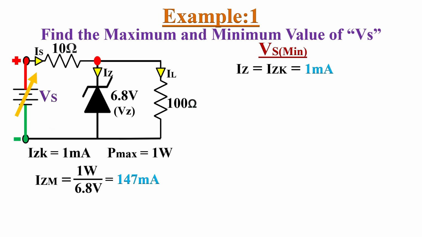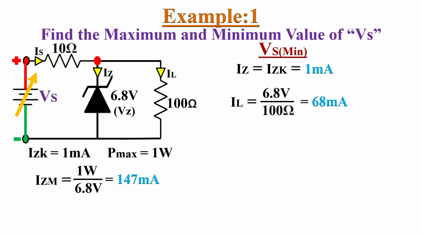In the first case we are assuming that our Zener current equals Izk, that is 1 milliampere, and load current IL equals the voltage drop across this 100 ohm load resistor, that is nothing but the Zener voltage of 6.8 volts divided by the load resistance of 100 ohms, that equals 68 milliamperes of load current.